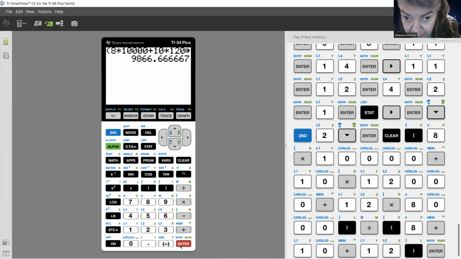And my weighted mean price is 9,866. Since this is money, we're going to round it to 2 places after the decimal point. $9,866.67.